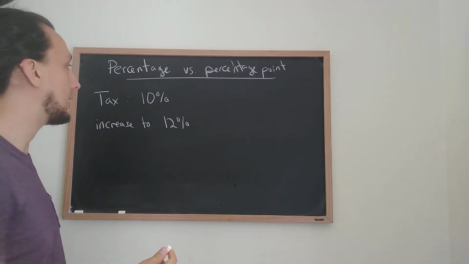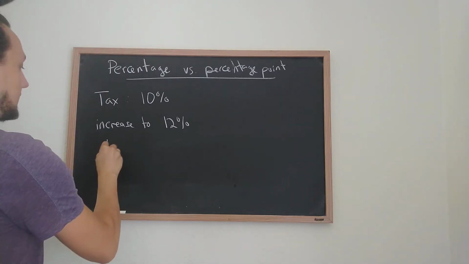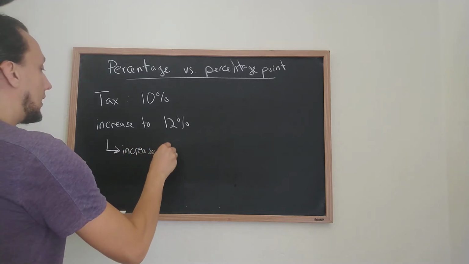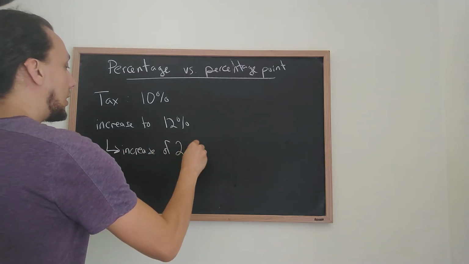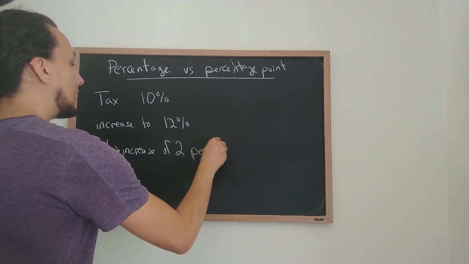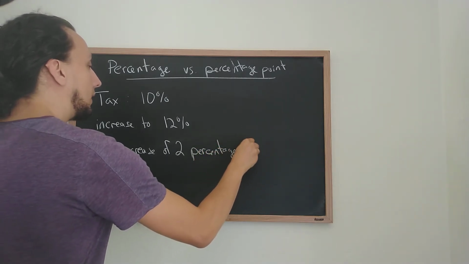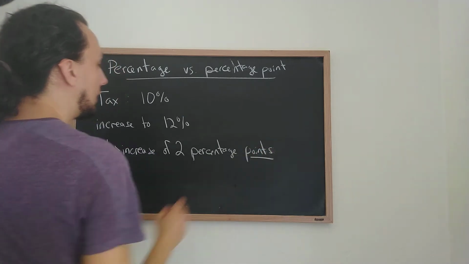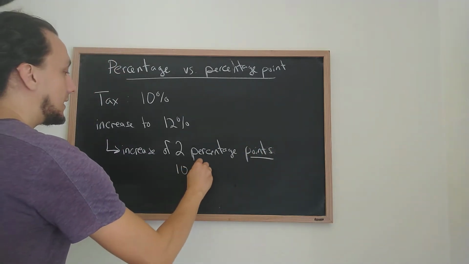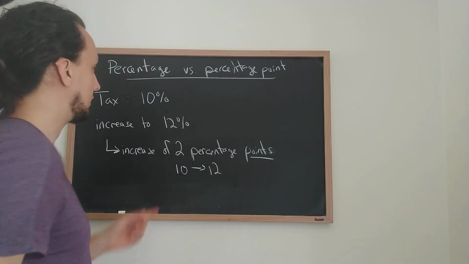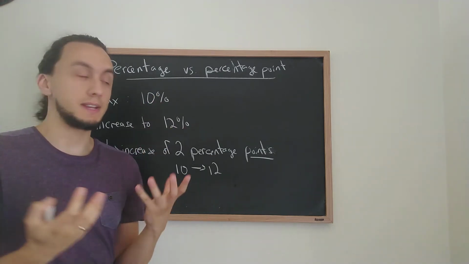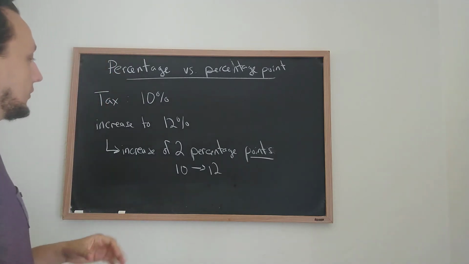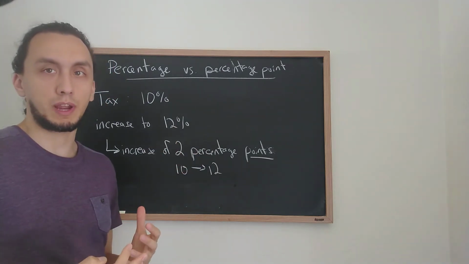Well, one way to describe the increase is that this is an increase of 2 percentage points. And that's because it went from 10 to 12, so the percentage, the tax rate, 10%, went up by 2 percentage points. So that's one perfectly reasonable way to describe it.